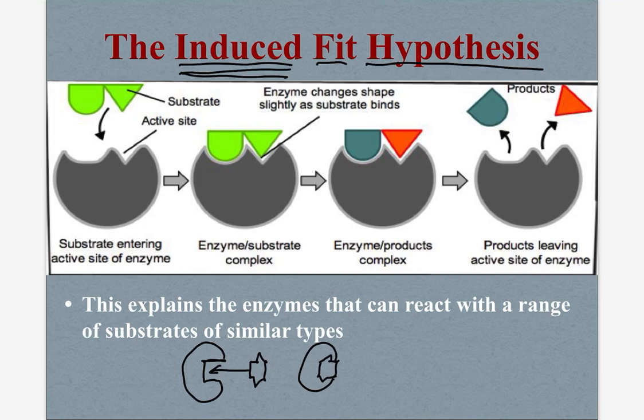If that is so, that means you don't have to have one enzyme binding to one substrate. You can have that one enzyme changing its active site, and now it has so many different types, 1, 2, 3, or 4 different types of substrates. Why? Because you can manipulate or change the active site a bit, allowing for more options of substrates to attach.